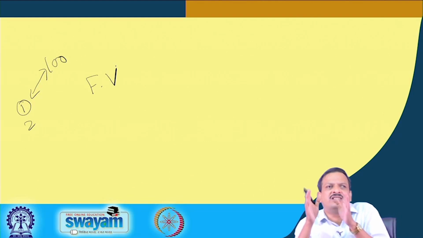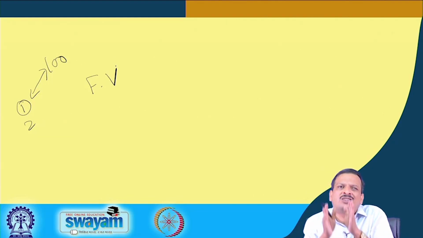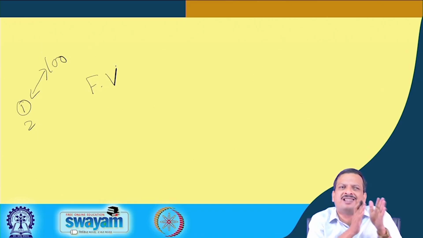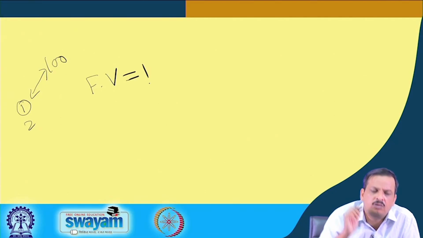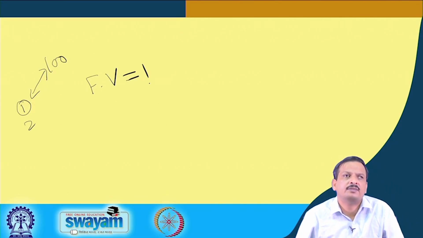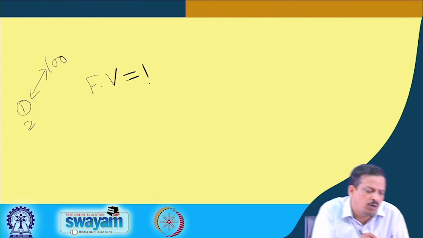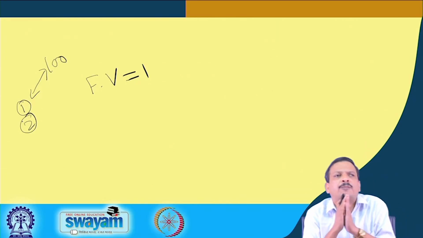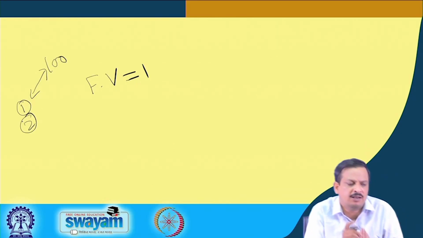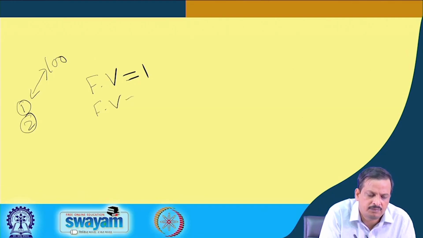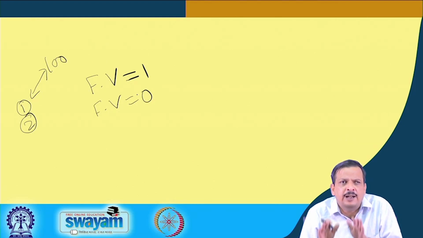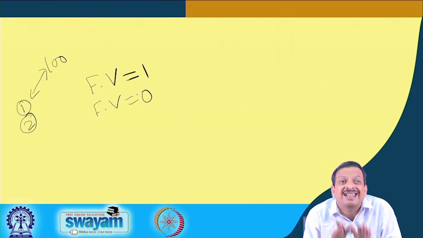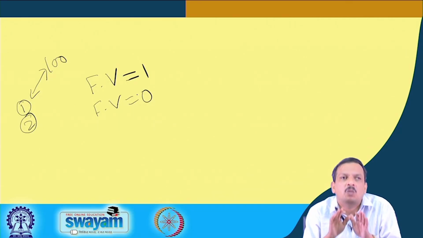So, if I have 100 students in my class and all students have given the correct answer for test item 1, then the facilitation value is equal to 1. Now, if for question number 2 none of the students gives the correct answer, then the facilitation value is 0. So the interpretation is, if all 100 students give the correct answer, the question is very easy, and the facilitation value is 1.